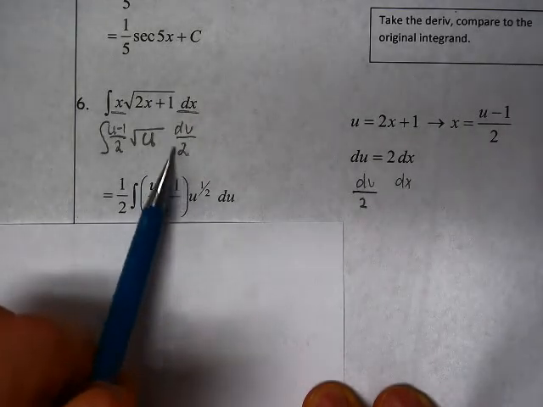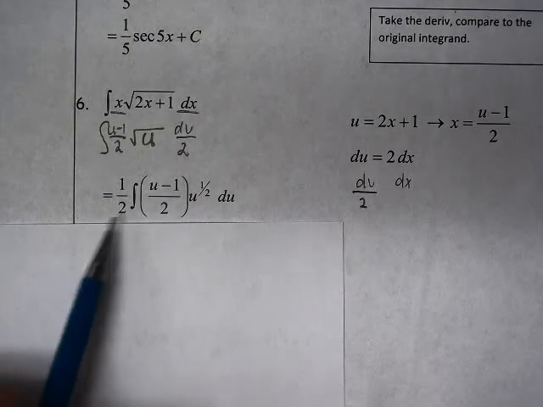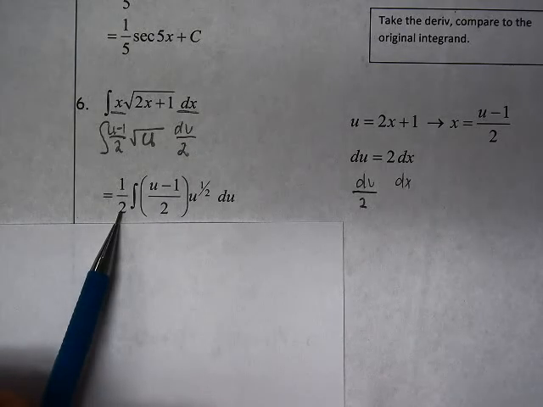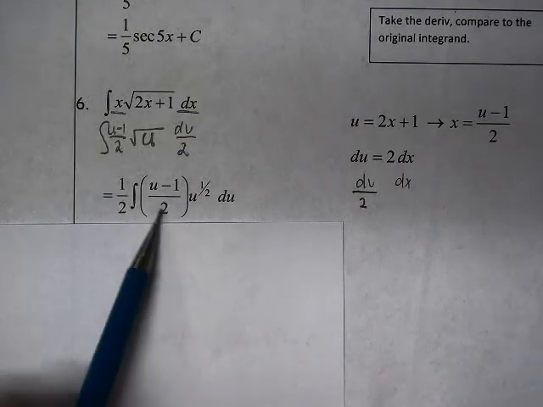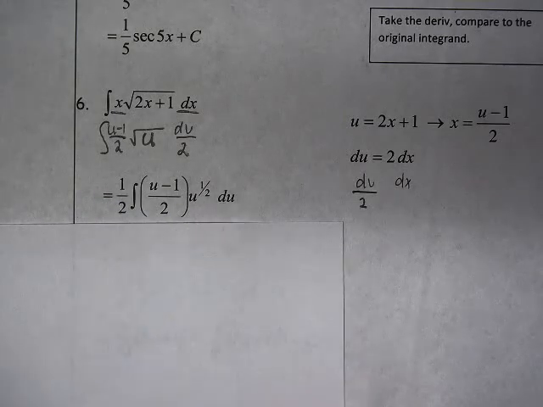So what I did in this step was I just took this divided by 2, factored it out as a 1/2. So I still have the u minus 1 over 2, I still have the u to the 1/2 here in the du. Right, now I have it all in terms of u, but I still want to clean this up a little bit more.